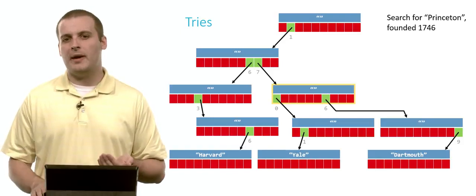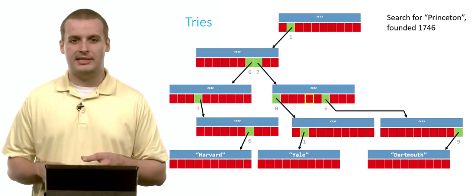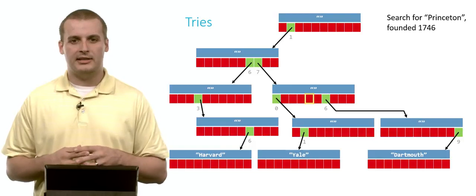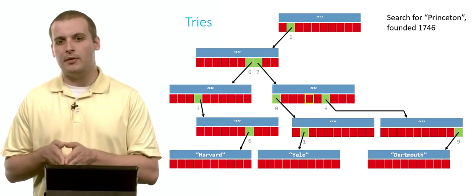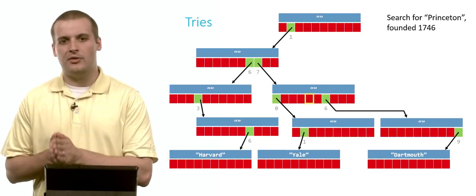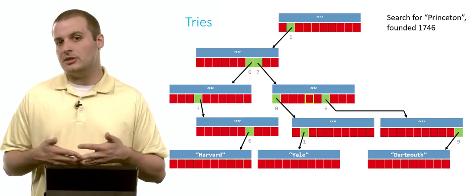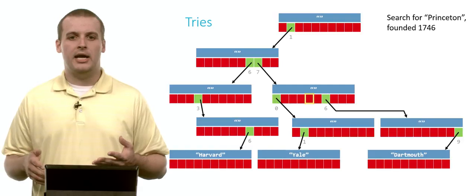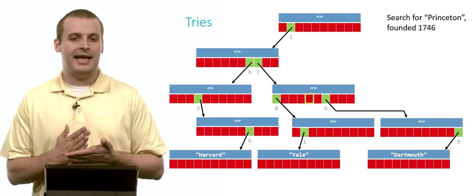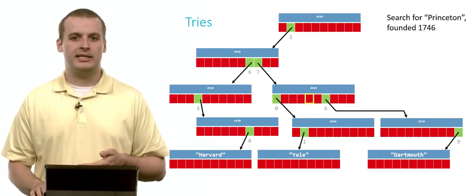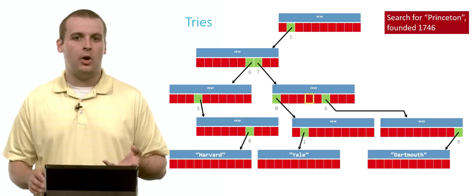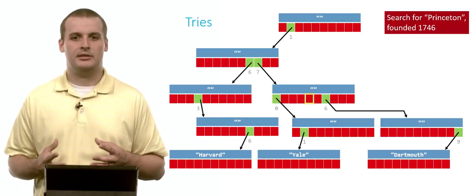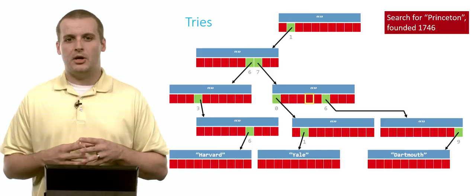But can I go down the 4 path from here? That's like asking the question, can I proceed down that little square that I've highlighted in yellow? There's nothing there, right? There's no way forward down the 4 path. If Princeton was in this trie, that 4 would have been cleared for us already. And so at this point, we've reached a dead end. We can't go any further. And so we can say definitively, no, Princeton does not exist in this trie.